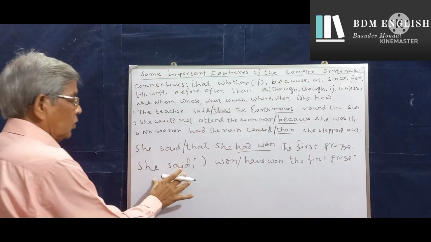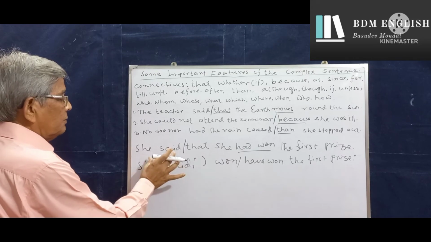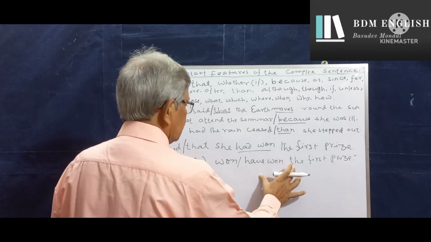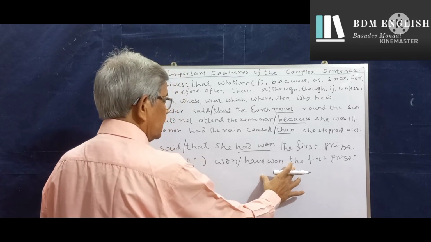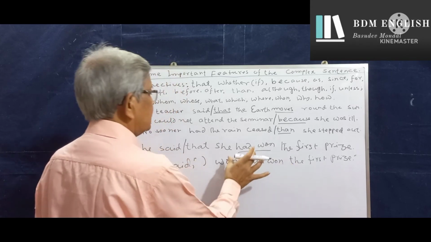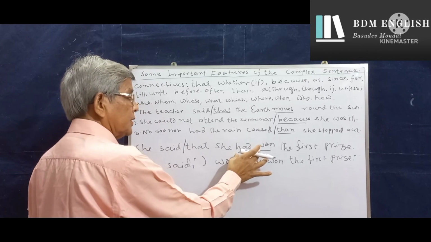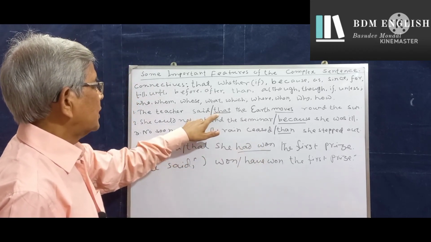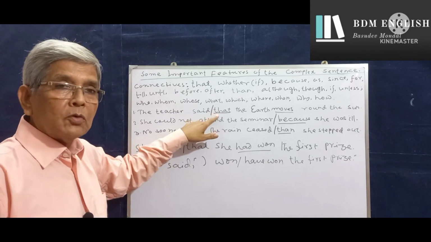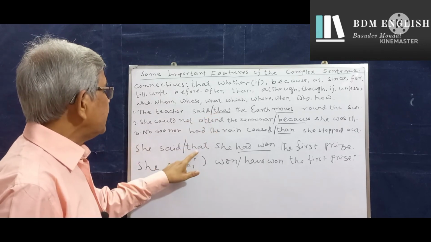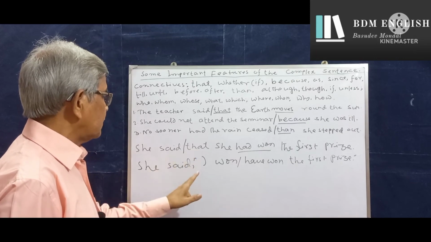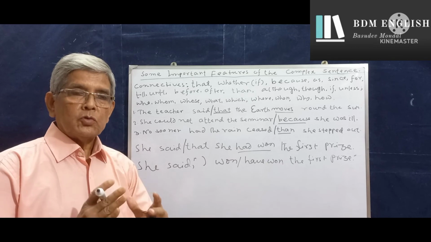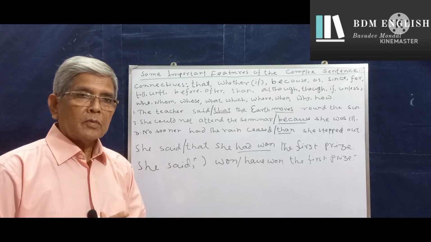The reporting clause, the introductory clause, becomes the principal clause of the complex sentence, and the direct speech, the sentence within quotes, becomes the subordinate clause of the complex sentence. And as there must be a connective to introduce the subordinate clause, we bring in the conjunction that here, because there is no such word here as can be used as a connective.